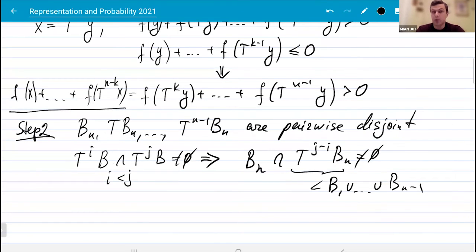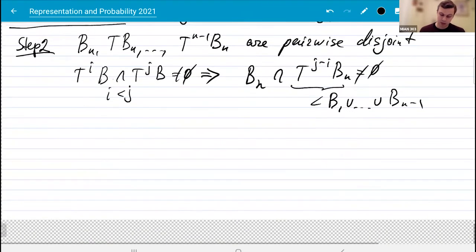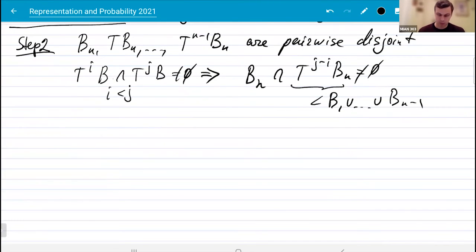So therefore, we have seen that we can pull out this part of the set.